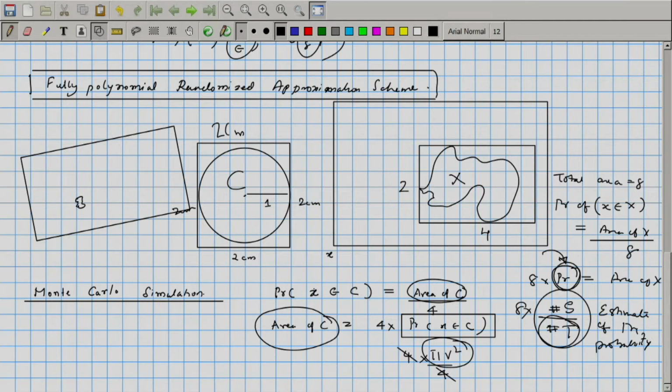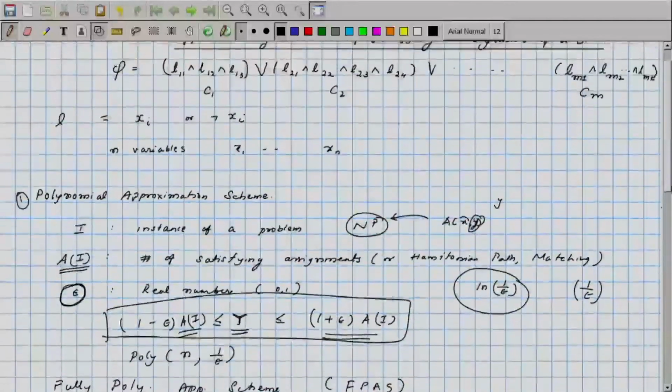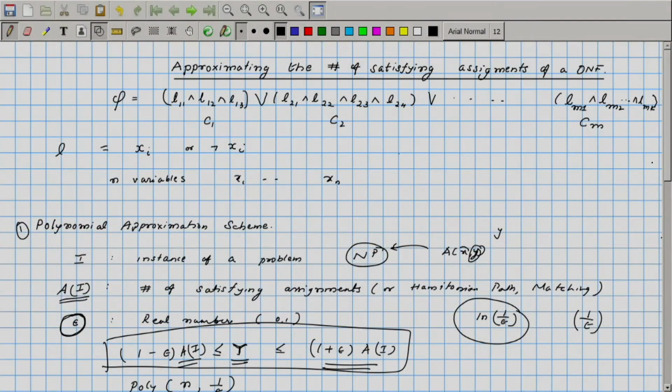But the quality of the answer, that is, the number of successes, that is, points which are chosen and are lying inside the area of interest, divided by the total number of trials, this answer's accuracy depends on the number of trials, and the number of trials will have to be larger and larger if this area was large in comparison to the area of interest. Okay. So, with these insights, we will try and have an approximation algorithm for DNF.